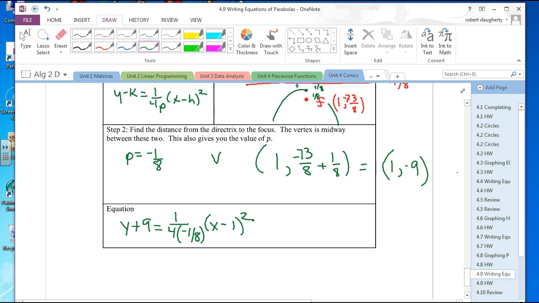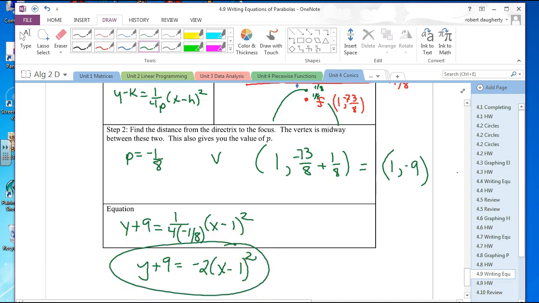What is negative 4 over 8? 4/8 is 1/2, so negative 1/2. What's 1 over negative 1/2? Negative 2. 1 over 1/2 is 2, and 1 over negative 1/2 is negative 2. So this is y plus 9 equals negative 2 times x minus 1 squared.